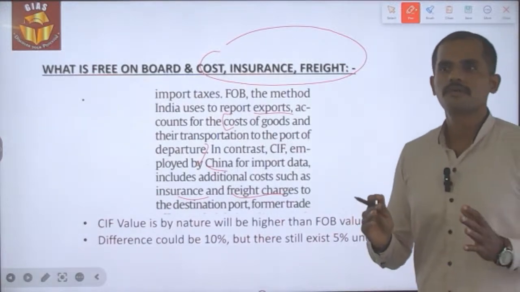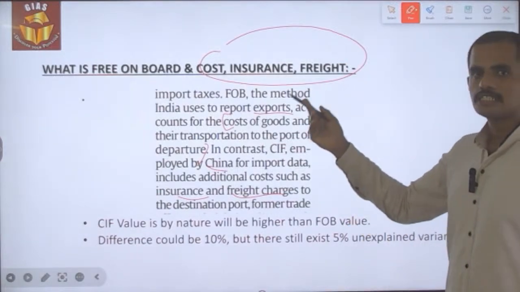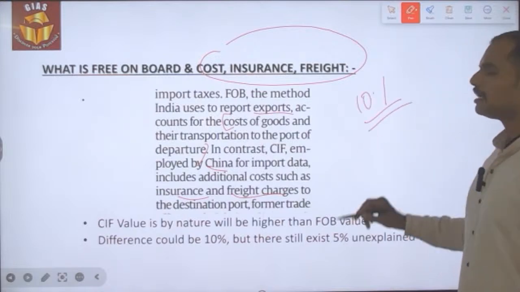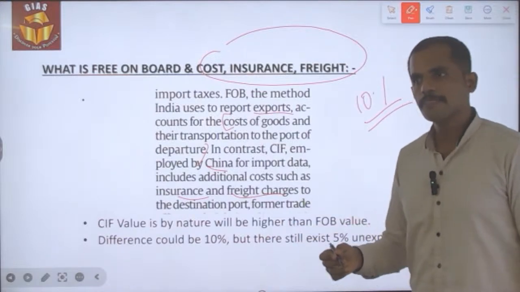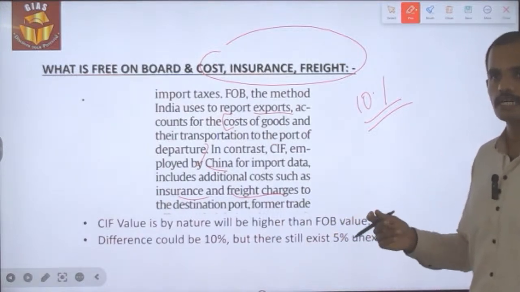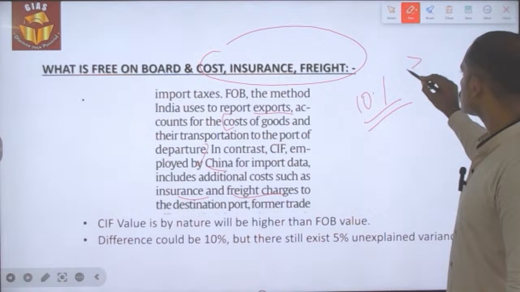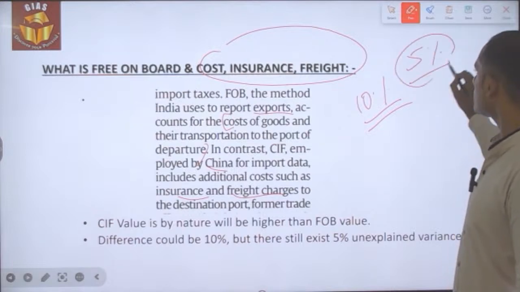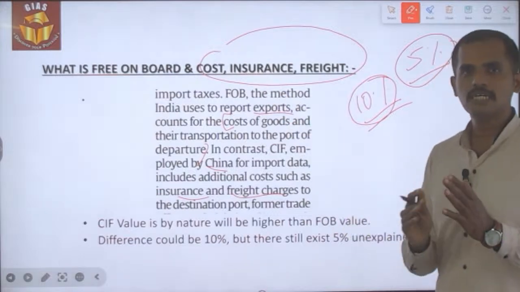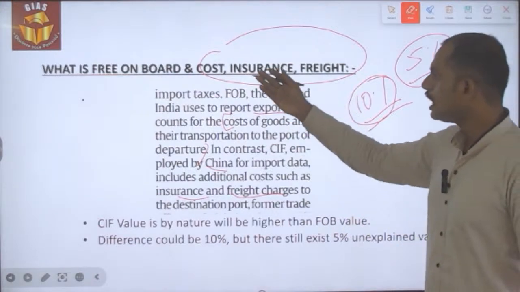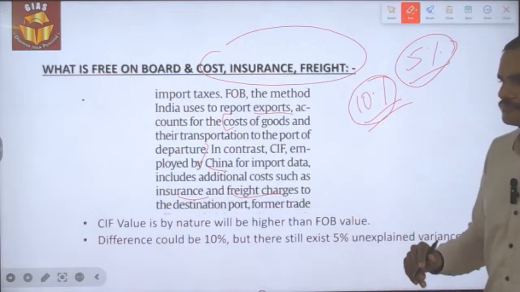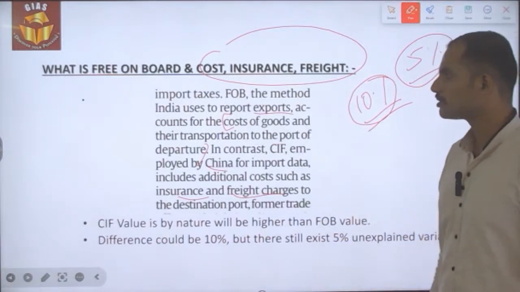But this additional cost will be merely about 10%. But India has reported another extra 5% discrepancy. That 5% discrepancy is not yet known why it has happened. But this 10% increase is acceptable because of the additional cost calculated in the cost insurance freight method. So this is what the thing is about.